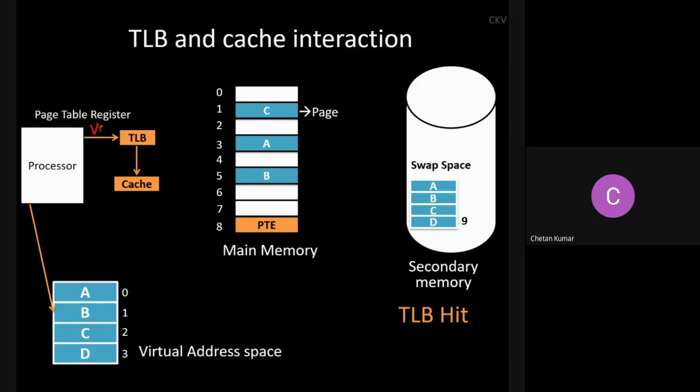So you send a virtual address, and you get a physical address, and this physical address you will use to access the cache. If you are able to find the data related to this address, then it will be a cache hit, and you send the data back to the processor. So this is the best case scenario that will occur, and most of the time you will be encountering this only.